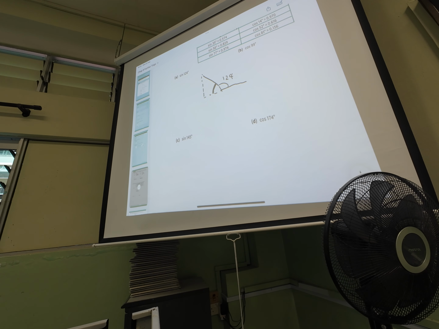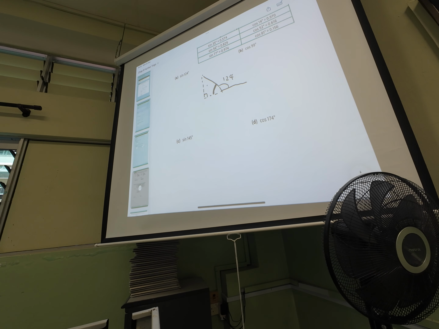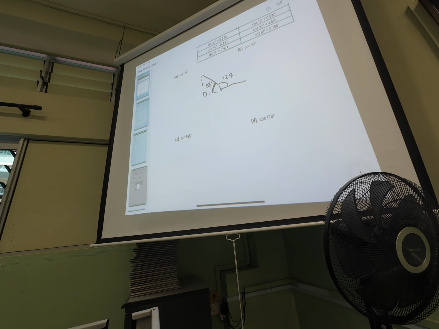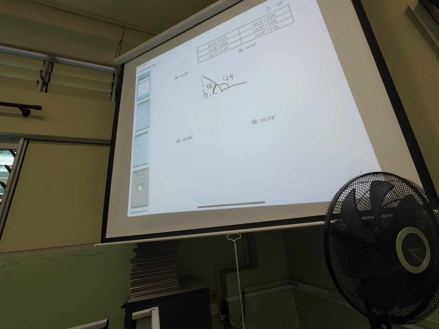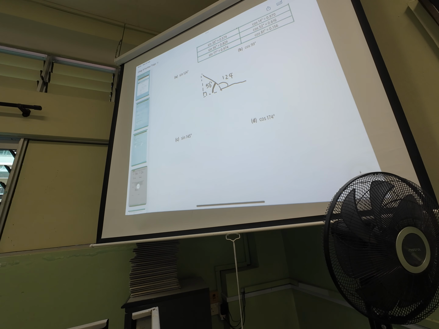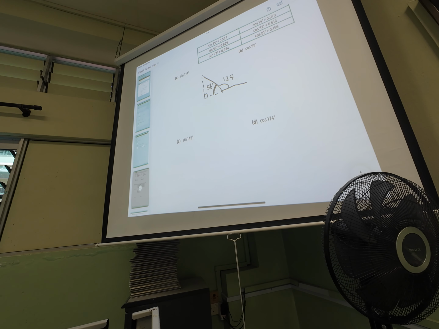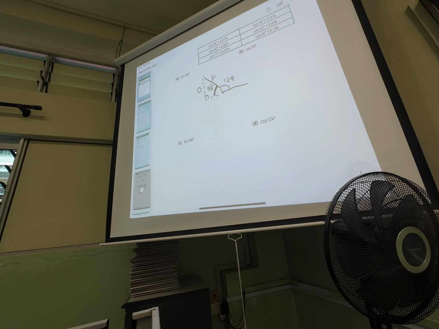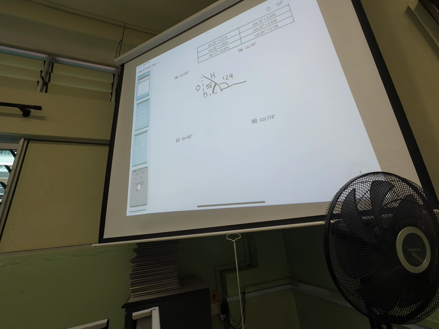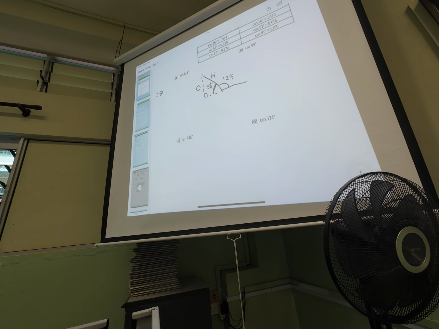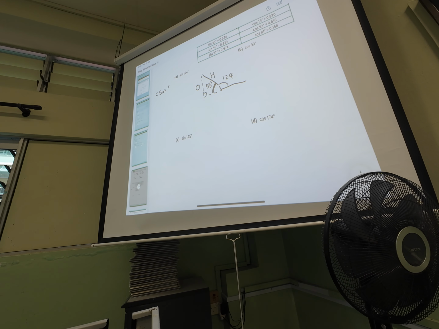So if that angle is 124, this angle here will be 56. And the sine of 124 is the same as the sine of 56, because for both of them, the opposite is here and the hypotenuse is here.